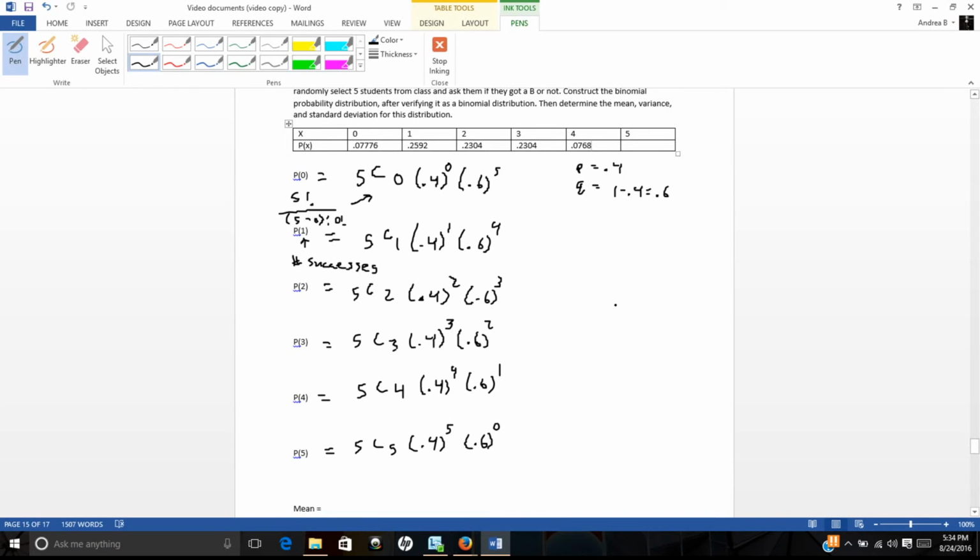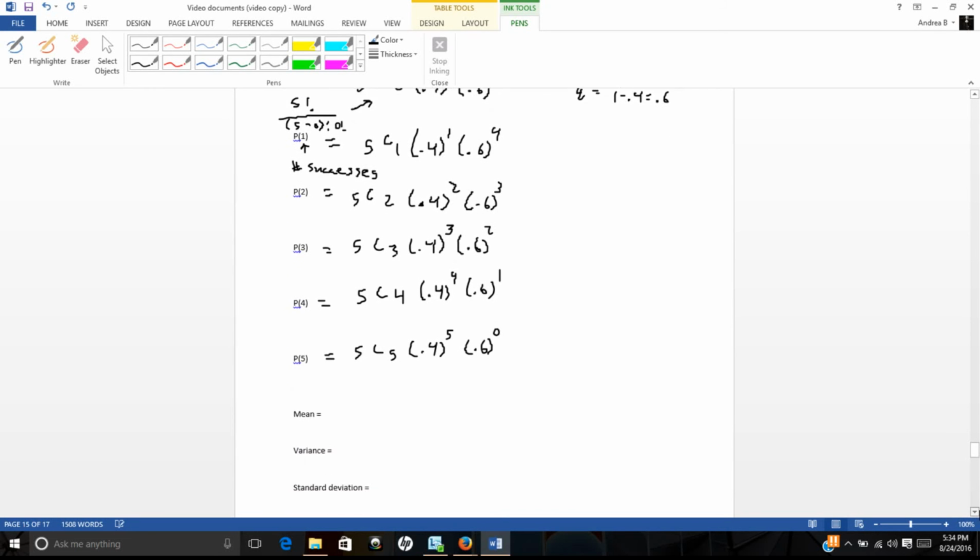Exponents and the factorials are different. So for that last one there, you should get about 0.01024. That's in terms of your probability distribution for this binomial case.